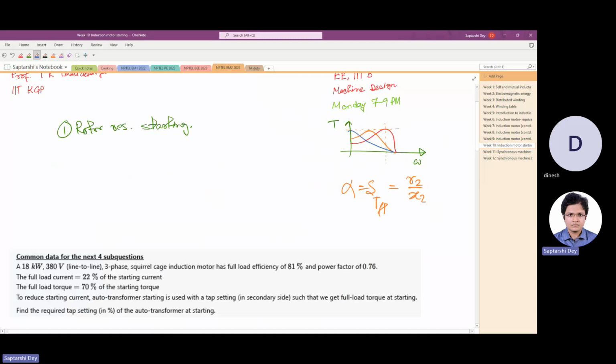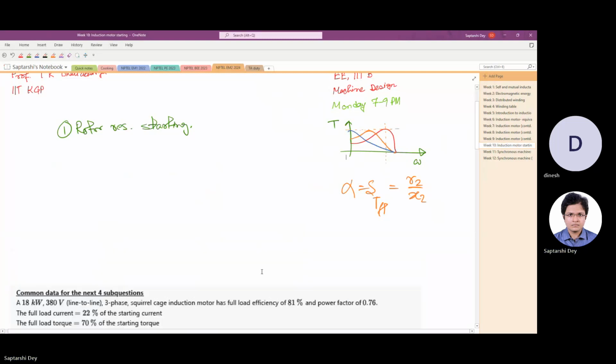For example, in a DC machine, when you are starting, the back EMF is proportional to speed. So at starting, the back EMF is 0, and you have a huge starting current if you give the full voltage. Similarly, for an induction machine, this is the rotor circuit, and this is R2 by S X2.